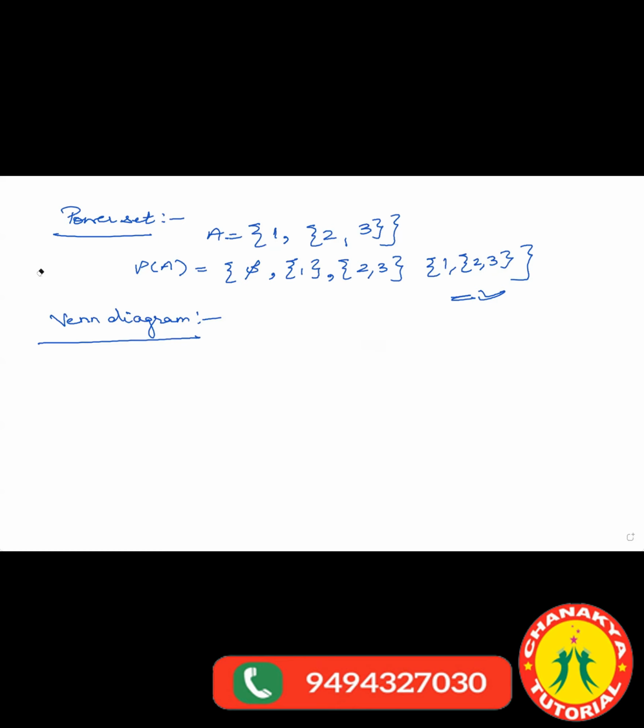See, what do you mean by Venn diagrams? Sets and the relationship between all the sets or the subsets or the power set can be visualized by means of geometric figures, and these figures are called Venn diagrams.